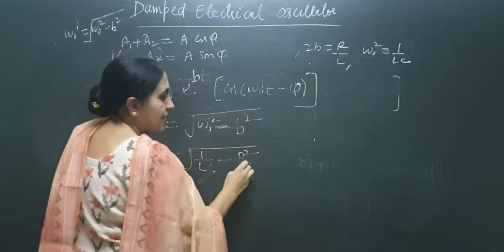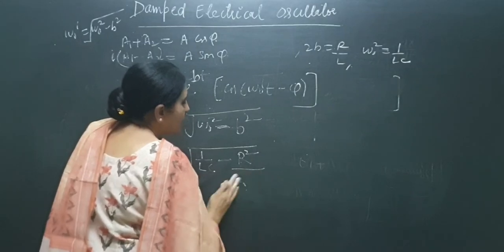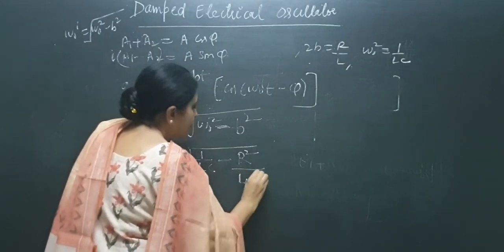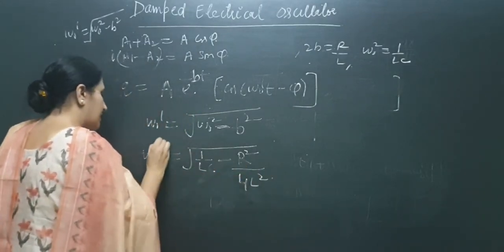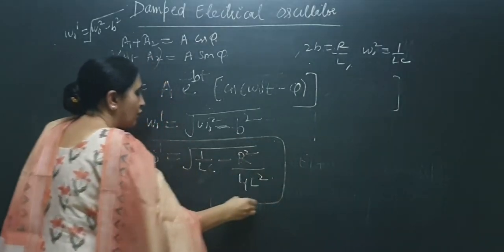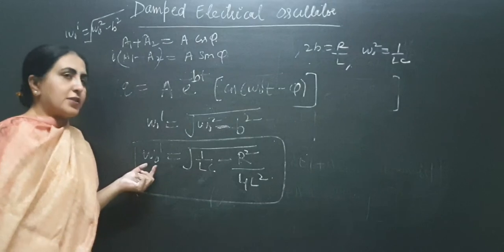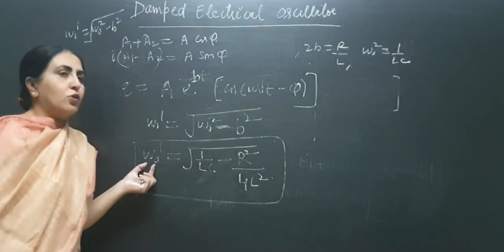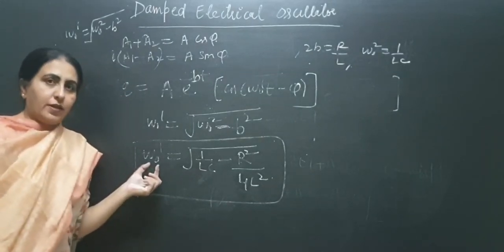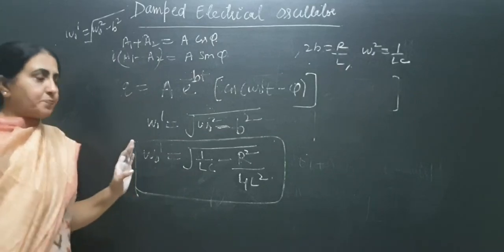R square, R is the resistance, L is the inductance, R square over 4L square. So this is omega naught dash, the angular frequency. If you want to find the simple frequency, you can write 2 pi f naught dash. Clear? So 1 over 2 pi times the root.